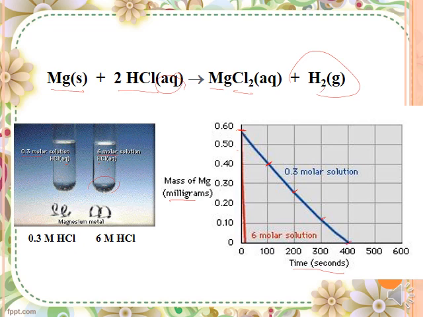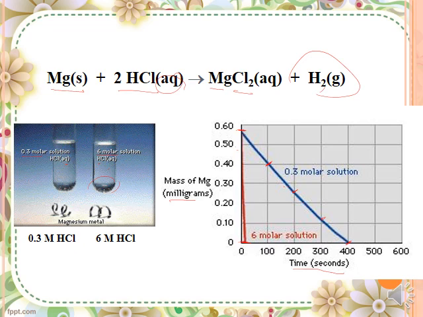However, in the 6 molar test tube, not even 100 seconds, the 0.55 milligram completely disappears. This means the rate of reaction for this test tube is very much faster compared to this one. So you can see the effect of concentration on the rate of reaction.